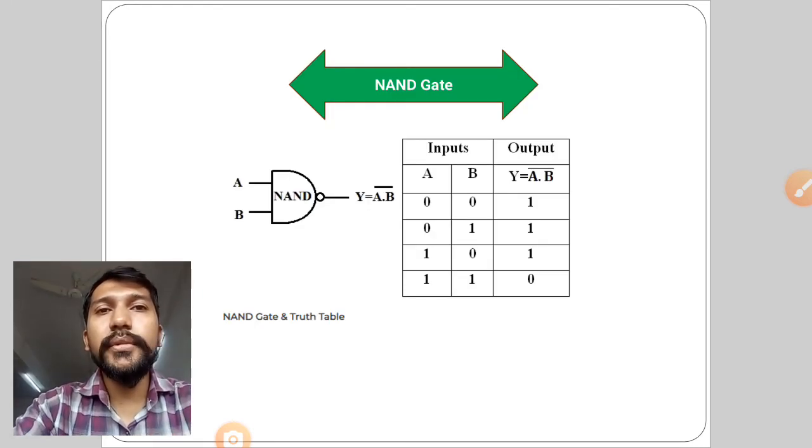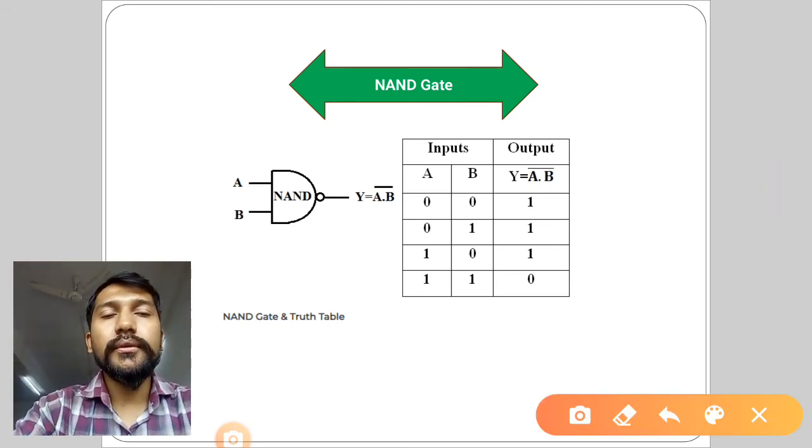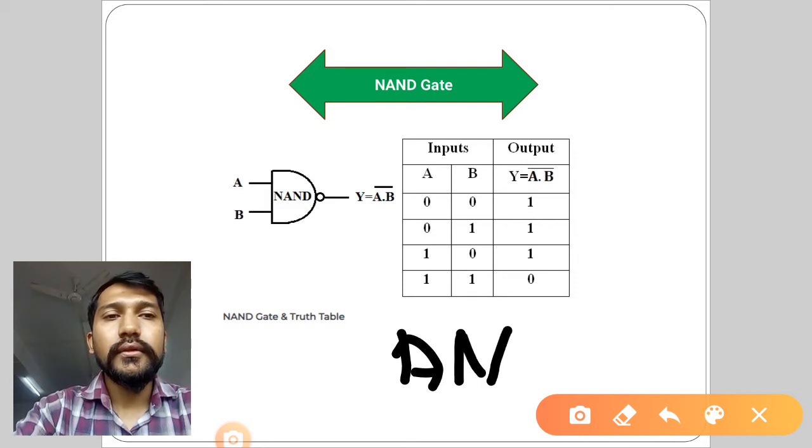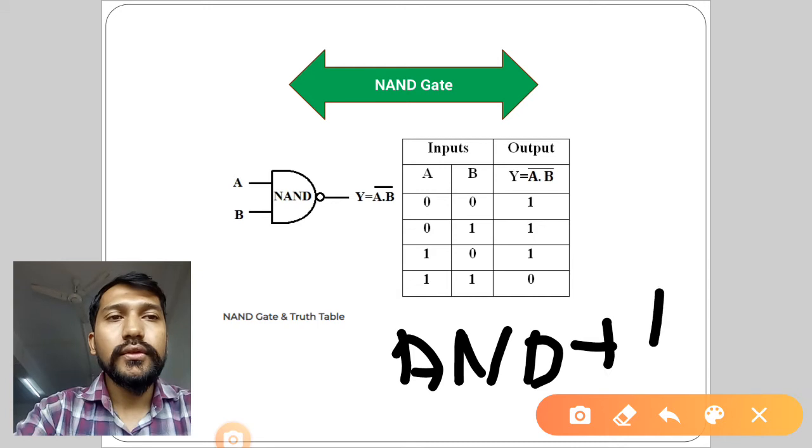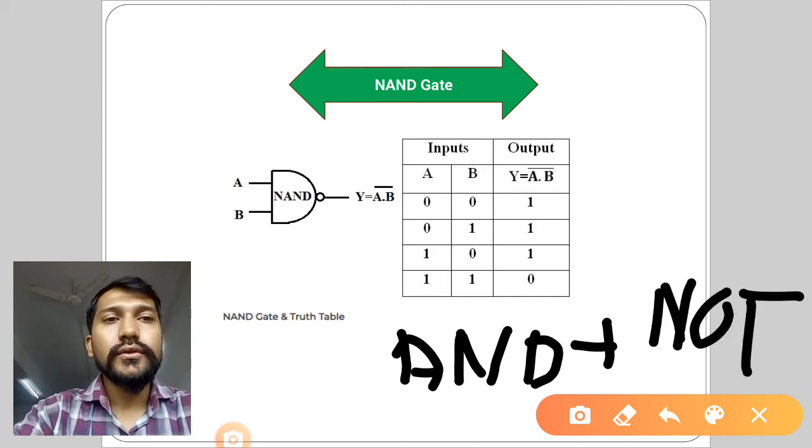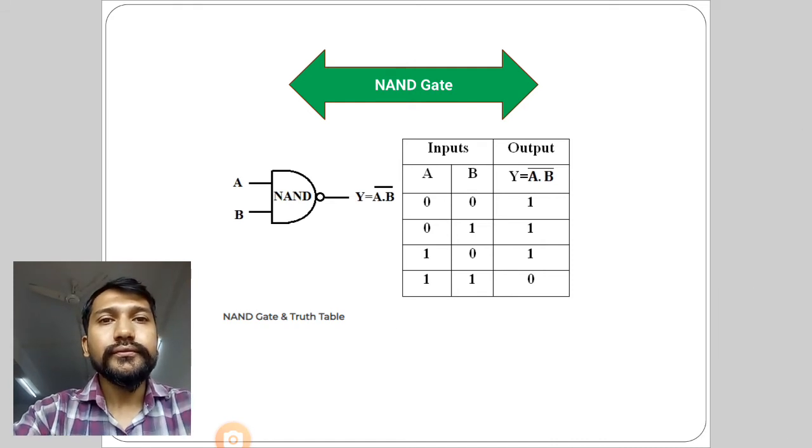Now a NAND gate is the combination of AND plus NOT. So this will be considered as an AND gate plus a NOT gate. So you can draw the AND gate. Fine. So this will be my AND gate.